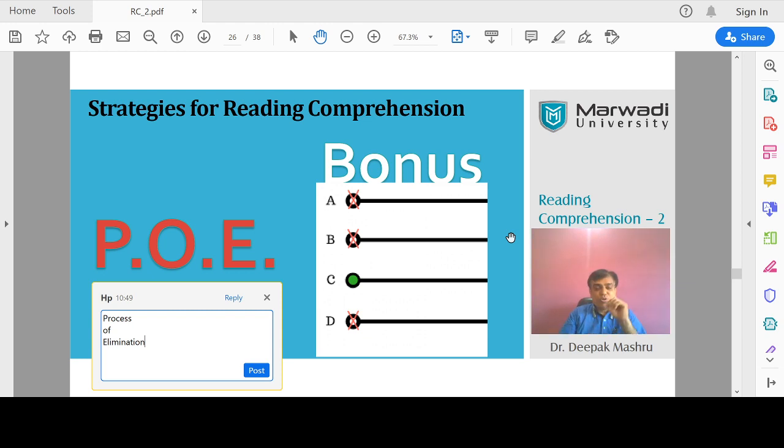So in that way, when there are two options and you are confused, in a dilemma about which option should be there, you negate it. Negate it means you put it negative, and you try to match it with the paragraph. If you find that there is no difference, it does not affect the paragraph, that means that is not the important pillar. You must have seen in the temple, in the big buildings, there are many pillars. All the pillars are not important.